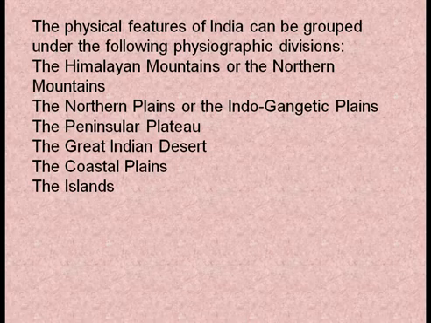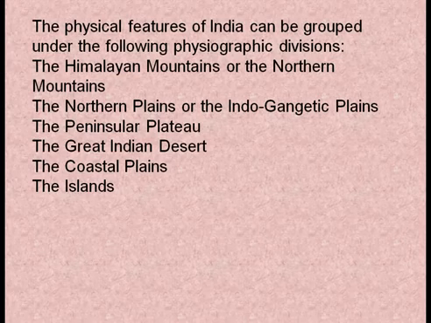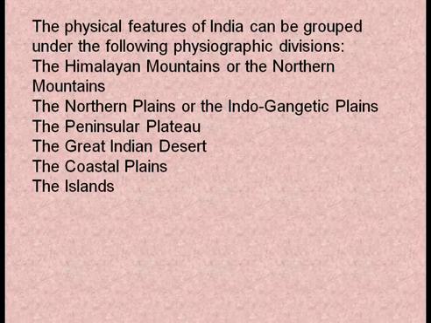Here we are going to see all these points in crystal clear short gist form. So the physiographic divisions are Himalaya mountain, northern plain, peninsular plateau, Great Indian Desert, the coastal plain and last the islands.